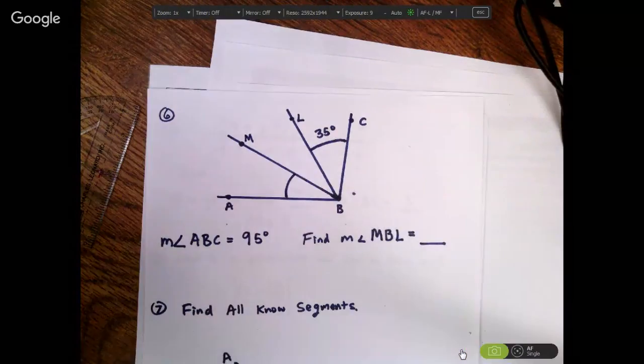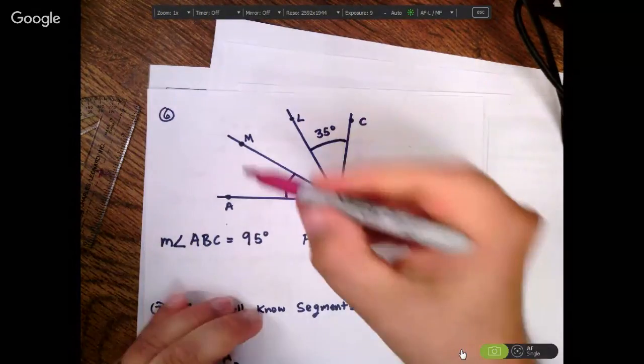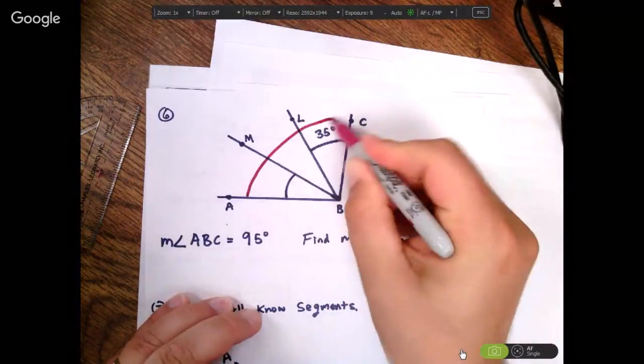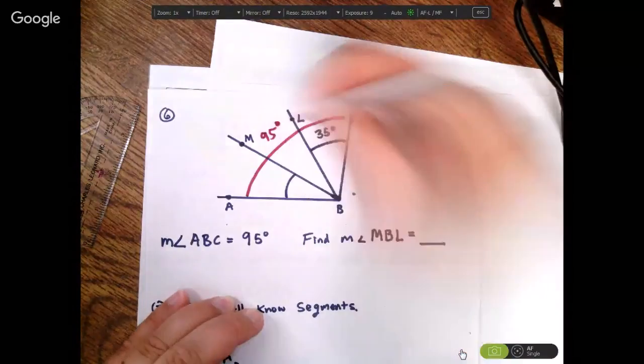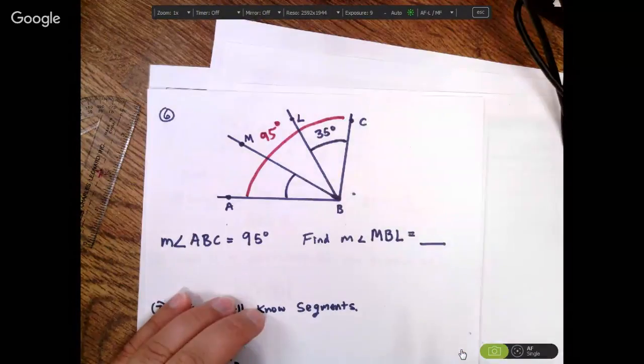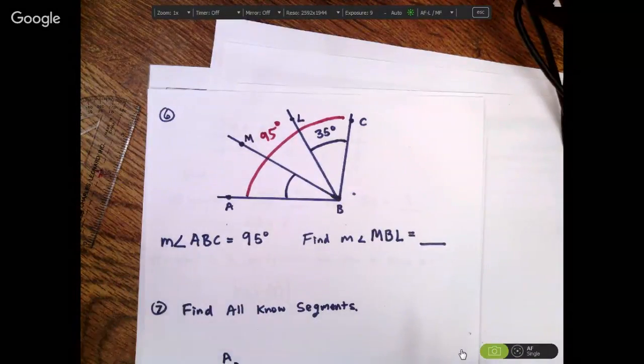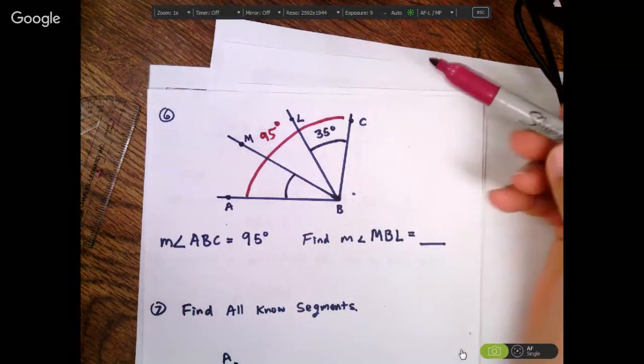Okay, that's a whole angle. So I would tell you to go ahead and write down that this whole angle is 95 degrees. A lot of you could probably do this without even writing any of this down, but we want to get the experience of just gathering the information so that when things get hard, we're good at that. What does this mean?